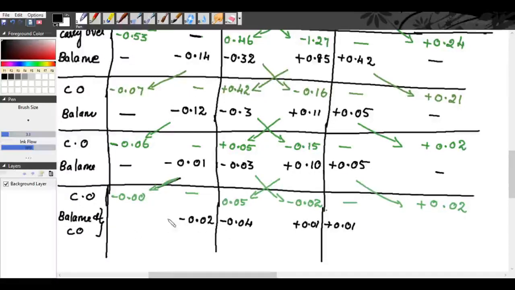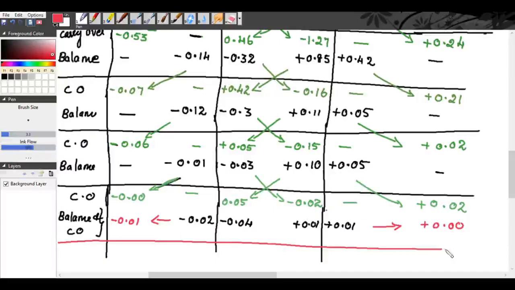Now how will you carry this? This is carried to the end. This is the last step. So 0.02 divided by 2, that is minus 0.01. Here this is carried to the fixed support. So plus 0.01 divided by 2, we get plus 0.005. So with this we will stop.